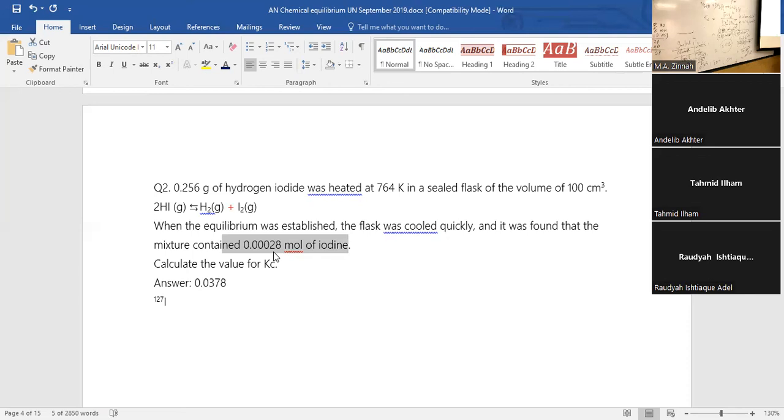Yes, just this positive. This positive will be the change because initially there was 0 and ultimately you get this amount remaining. Certainly this was the change. So from the change of this, you can estimate the other changes. Understand? So start solving this. Everybody start solving this. Come on.